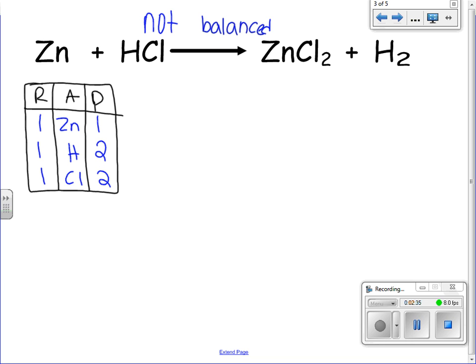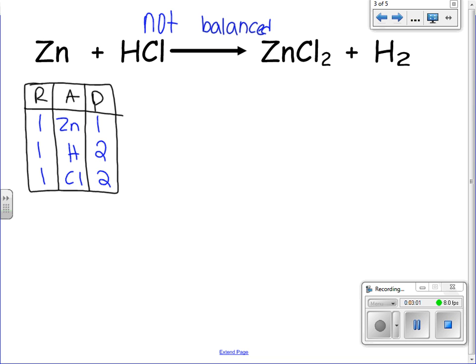We have one zinc atom in the reactants, one in the products. But what's messing this equation up is that our hydrogen atoms and our chlorine atoms are not balanced. We have one hydrogen in the reactants, 2 hydrogen atoms in the products, 1 chlorine atom in the reactants, 2 in the products. So we're going to have to balance this equation, specifically our hydrogen or chlorine atoms.